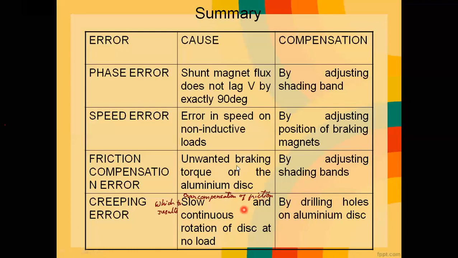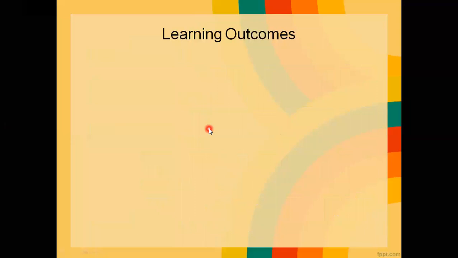Hope you are clear with the concepts discussed so far. So let us go to the next slide. So we'll have a quick recap on what we have covered in this session.